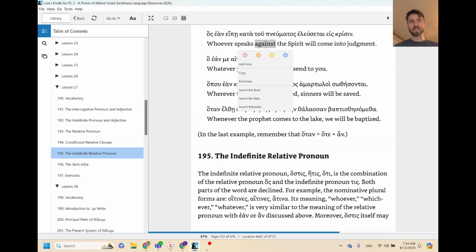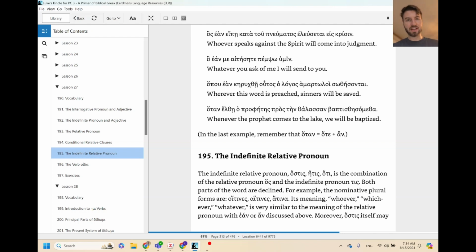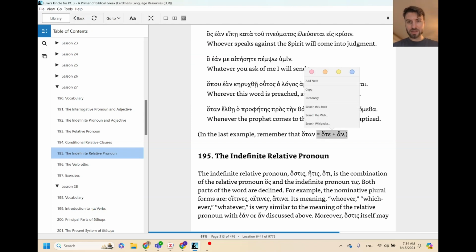So whoever speaks against the Spirit. And then you can do this with different kinds of pronouns. So here you get whatever because of the neuter. Here you get wherever. And then here you get when, plus the an there. Whenever. That's hote plus an. Oh, it shows it here. Hote plus an. Whenever.